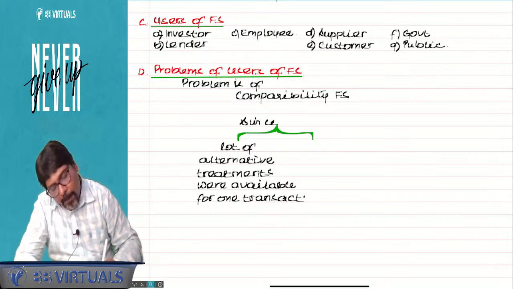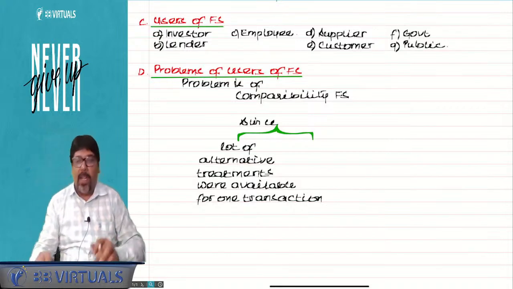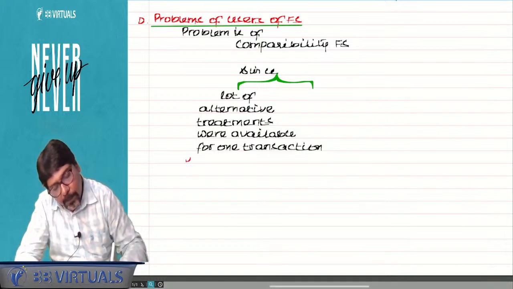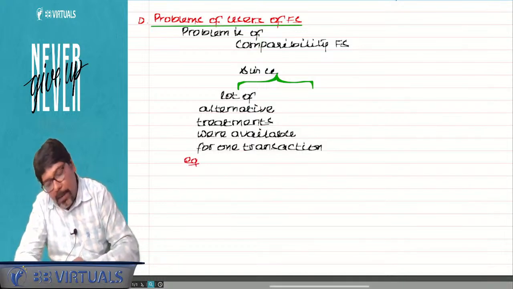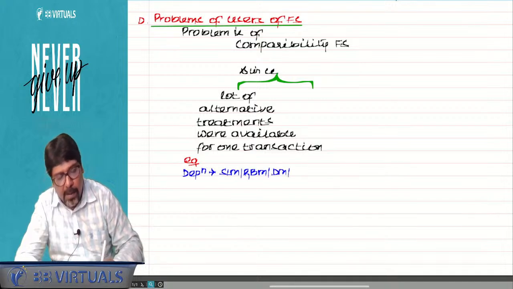A lot of alternative treatments are available for one transaction. For example, in depreciation, we have the straight line method, reducing balance method, depletion method.